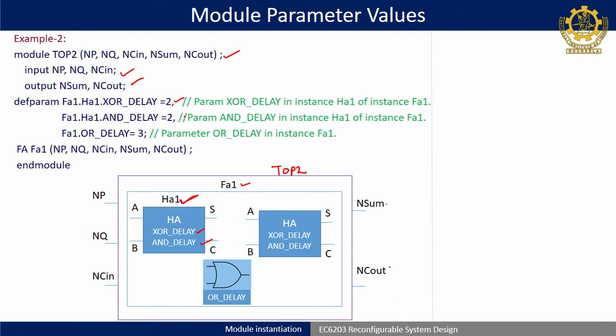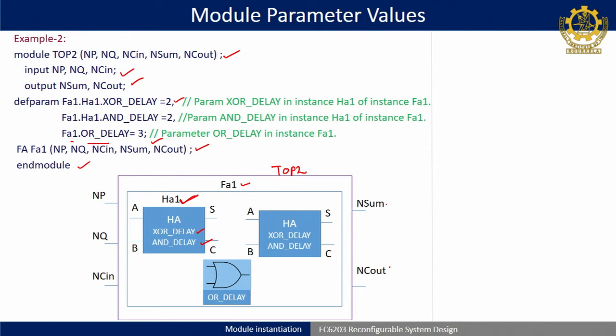Now, while defining OR delay, OR is a delay, but if you see it, it is defined directly under FA, there is no association with HA. So, that is why FA1.OR delay is directly equal to 3 and semicolon. So, this is instantiation, end module, are you getting the point?